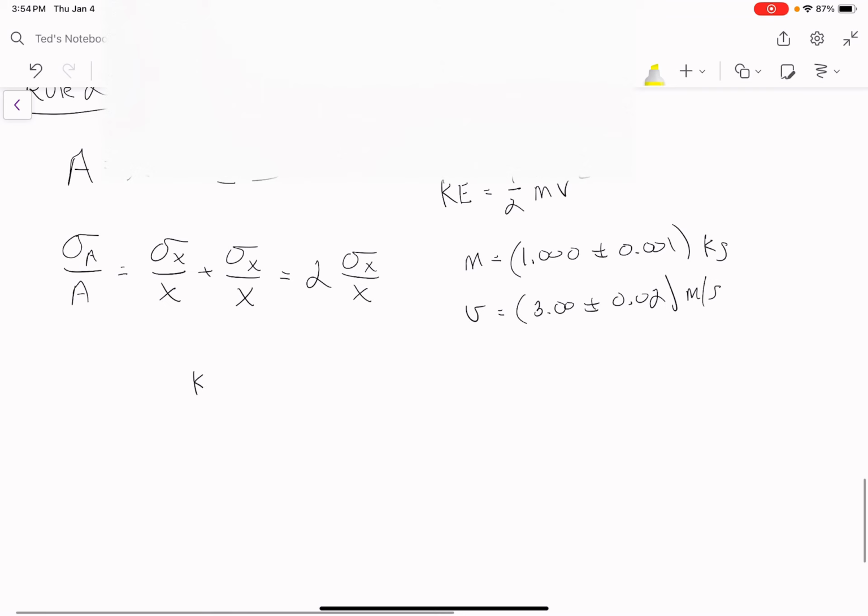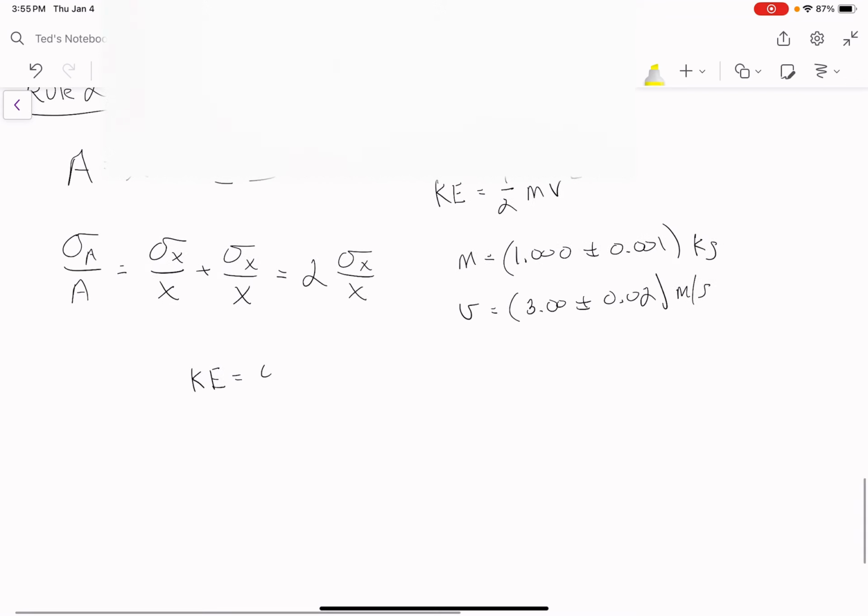So to find the kinetic energy, we just use the original numbers. So 1/2 times the mass, 1.000, times the velocity squared, 3.000 squared. And we get 4.5. But now I need to know the plus or minus.